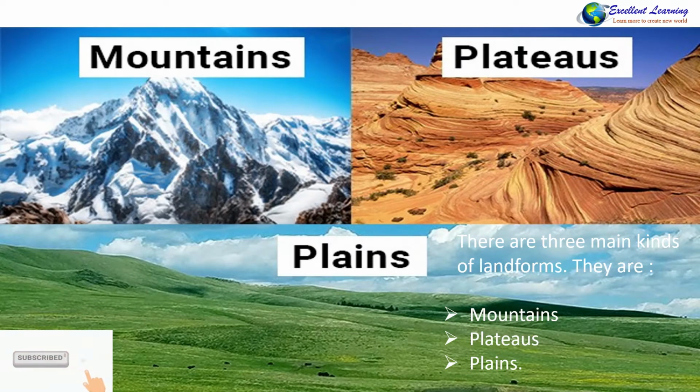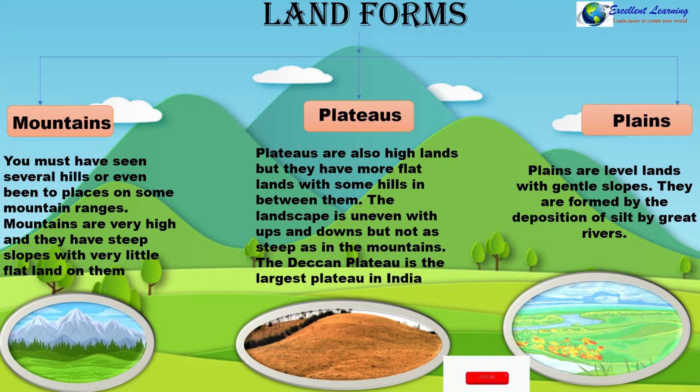Children, there are three main kinds of landforms. There are mountains, plateaus, and plains. Let us find out individually what is meant by mountains, plateaus, and plains. Children, let us see what is meant by mountains.